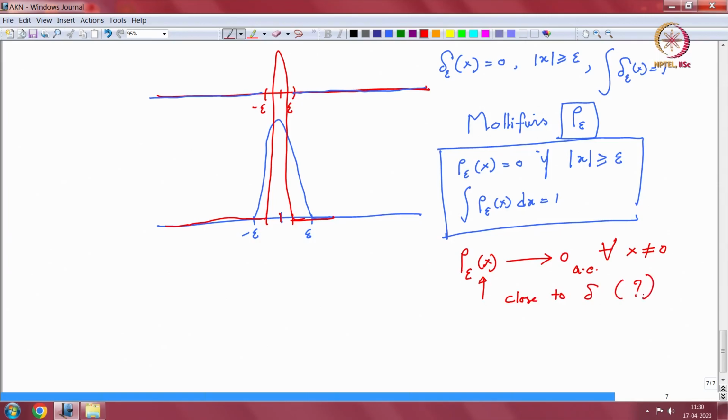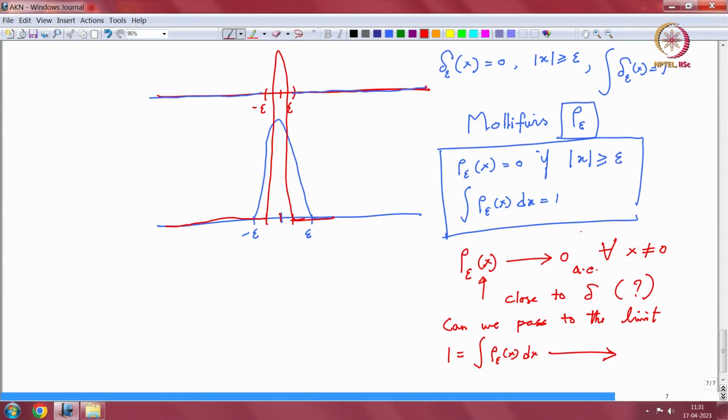But the issue is, can we pass to the limit? You want that limit to happen. You have a function which is 0 except at one point, and the integral of rho epsilon of x dx is equal to 1. Can this converge?